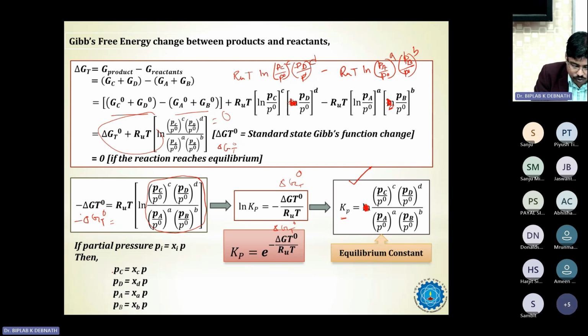So we can write Pc is equal to Xc P, Pd is equal to Xd P, Pa is equal to Xa P, Pb is equal to Xb P. From there, Xc is equal to Pc by P, Xd is equal to Pd by P, Xa is equal to Pa by P, and Xb is equal to Pb by P. So these are the mole fractions.